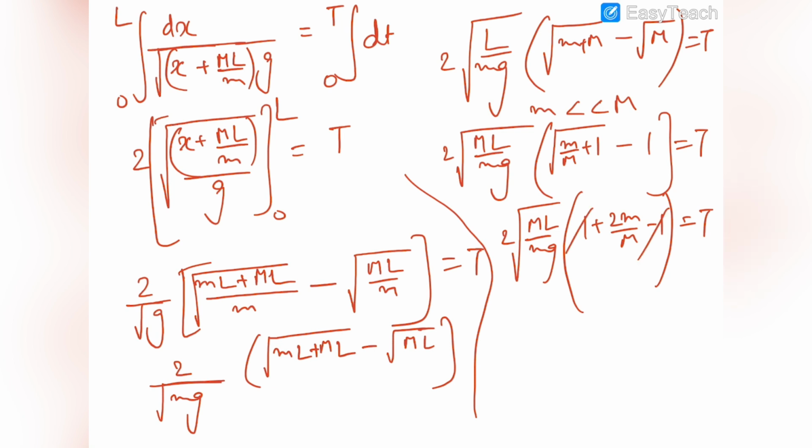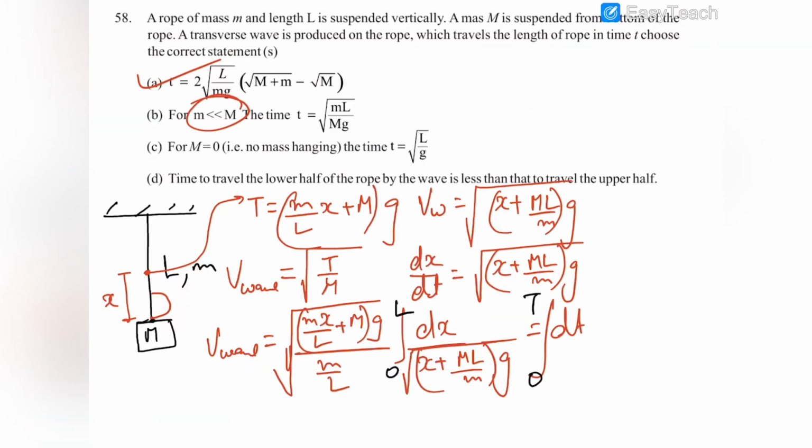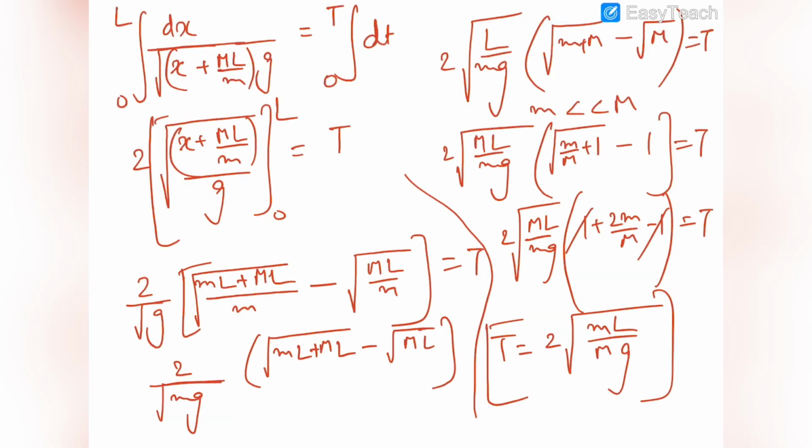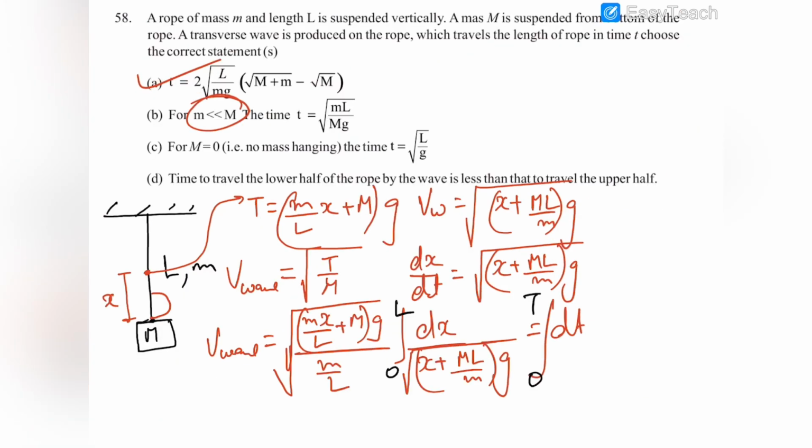Cancelling this 1 with 1, so t will be equal to 2 under root of ml by mg. Now this 2, in fact, you can see that there would be a half. This would be half because power is half. So this 2 will be cancelled out, and therefore option number B is also correct.